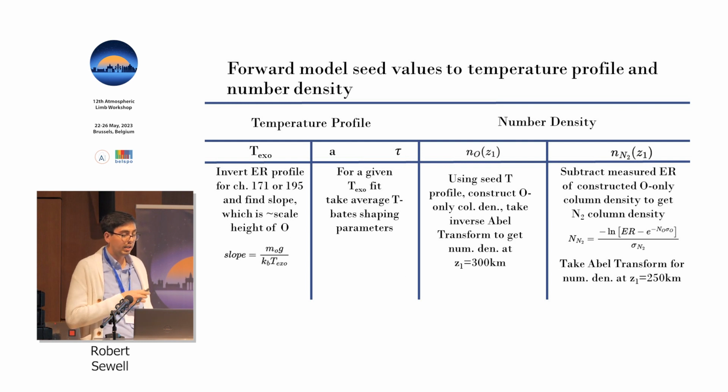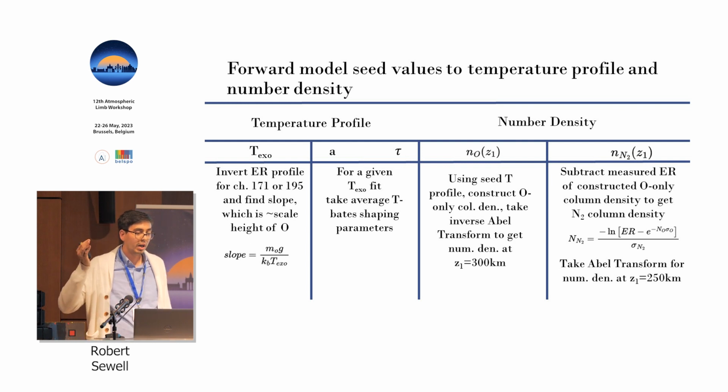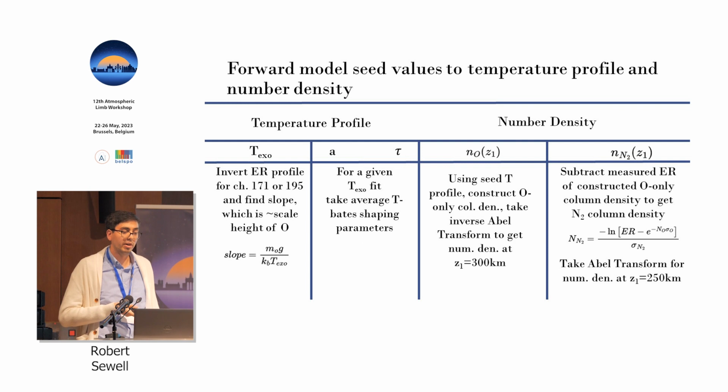And so first, in order to do this for the temperature profile, we are able to calculate the exospheric temperature, that temperature that's at the very top of the atmosphere. We do this by inverting the extinction ratio profile for either the 171 or the 195 channel. And we do this because the cross sections of O and N2 are very similar at these wavelengths.